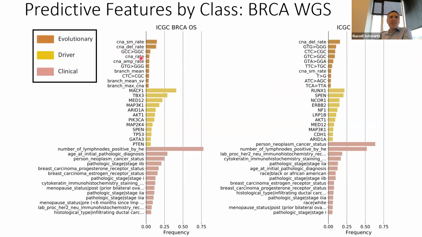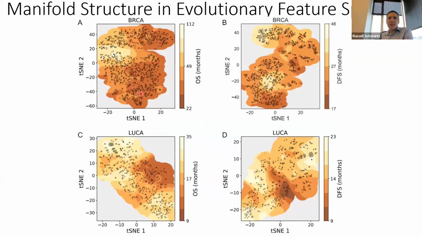GCC to GGC versus GTG to GGG is predictive, whether they have large or small copy number changes, whether they gain or lose, as well as higher level features like do they tend to build very branchy evolutionary trees or very linear evolutionary trees? All these things have some predictive power for what's going to happen in the future. So essentially, there are different ways of evolving, and it matters which ones you pick. It's a complicated question how it matters.